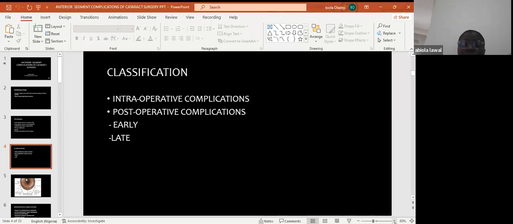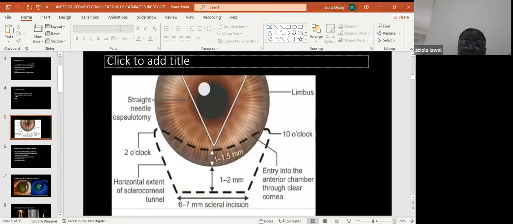It's supposed to be a self-sealing incision in which the external lip on the sclera is smaller, usually ranging between 5.5 to about 7 millimeters, based on different literatures and studies. The inner lip usually shouldn't be more than 9 millimeters. It should self-seal unless there are complications along the way, or situations whereby we can see that it is not self-sealing and we may have to put some sutures.